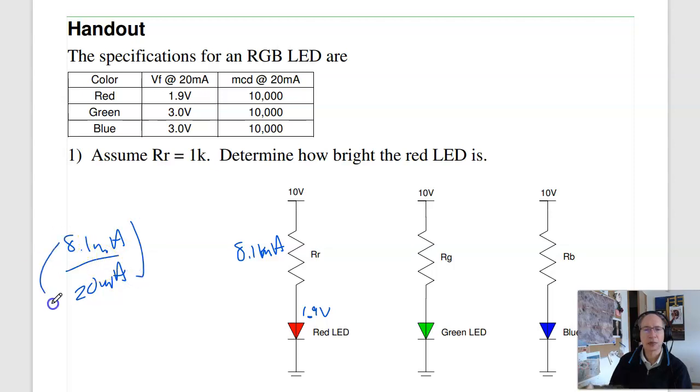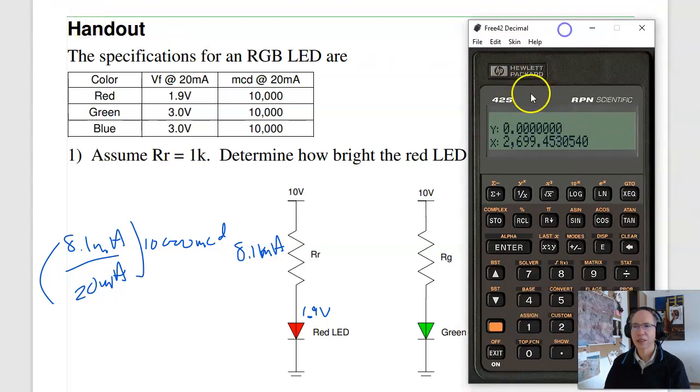It'll be that percentage of 10,000 millicandles. Which works out to, pulling up my favorite calculator, 8.1 milliamps divided by 20 milliamps times 10,000 millicandles. This is 4050 millicandles. Likewise for green, likewise for blue.